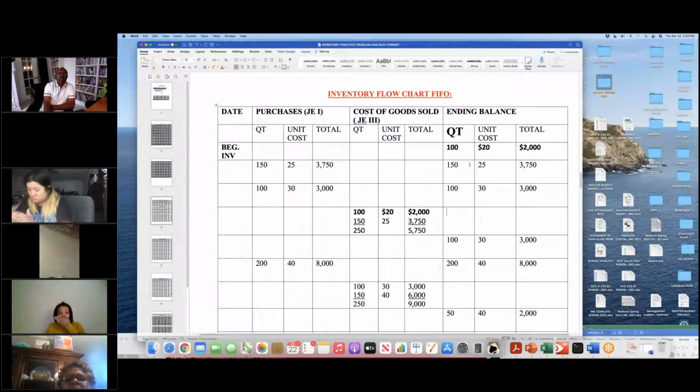We bought 150 and we bought 100. So the total that we have for sale at this point is what? 350. Yes, we have 350 in quantity for sale.